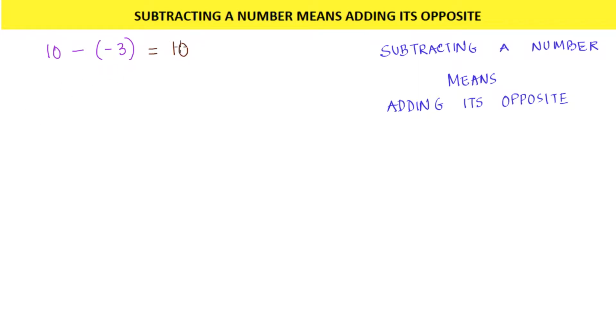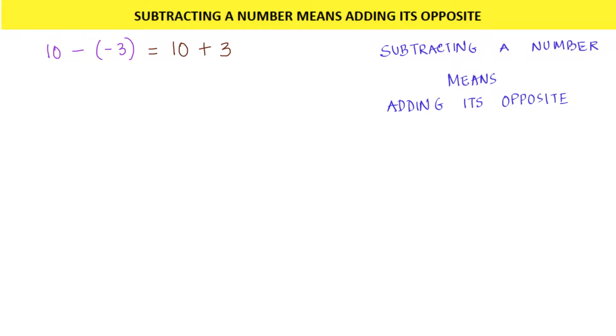So the 10 stays the same because the 10 is not being subtracted. The negative 3 is being subtracted, so the minus becomes plus, and the opposite of negative 3 is 3. So you get 10 plus 3.